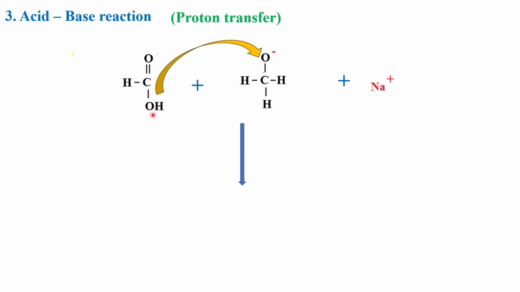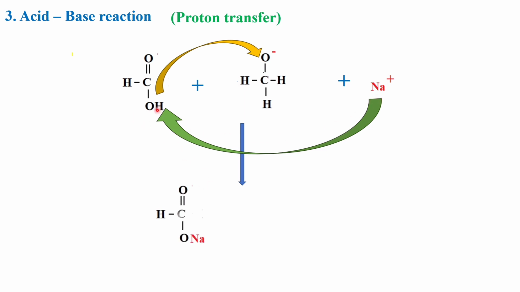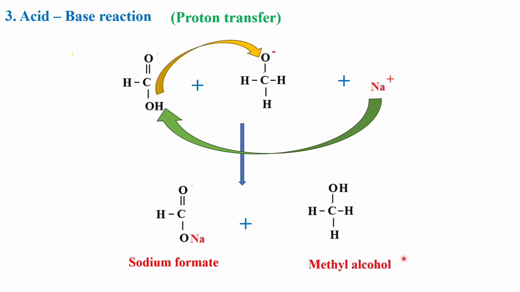To satisfy the valency of that oxygen, the sodium present here is going to add to that. That's why we are getting two products. One is the sodium salt of formic acid, otherwise sodium formate. Another one is methyl alcohol. So that's all about the Cannizzaro reaction. Thank you.